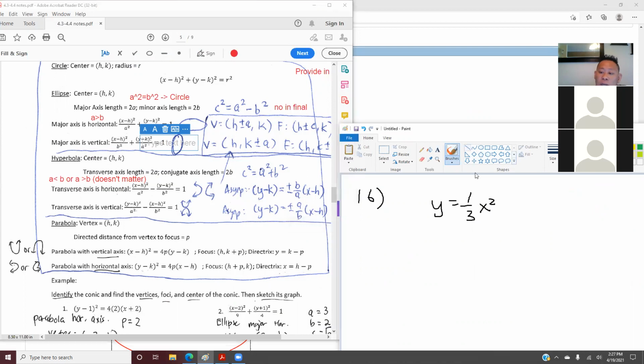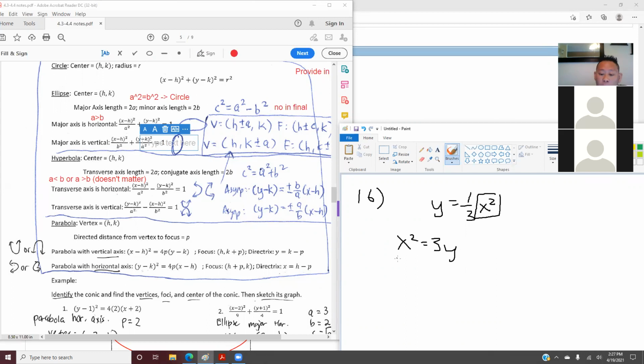So what you need to do here is make x squared by itself. So I multiply that 3 over there, and in this case, I get 3y equals x squared, or I can write x squared equals 3y. This is very similar to this formula where h and k, your vertex, is at 0, 0.